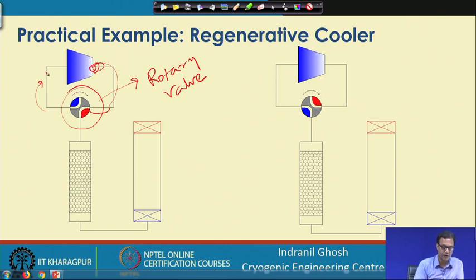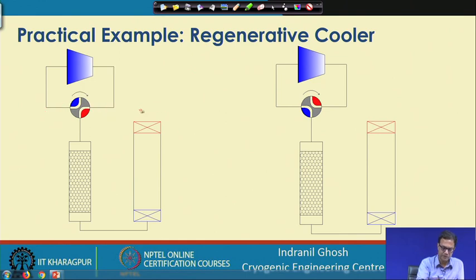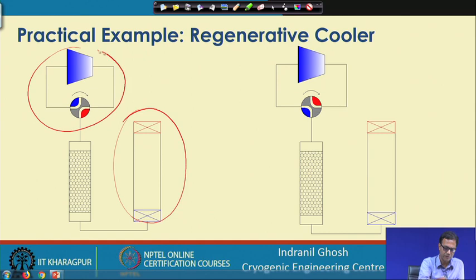In the alternate cycle, it connects to the suction or low pressure side of the compressor. Between the pulse tube, the empty tube, and this compressor we have one regenerator.